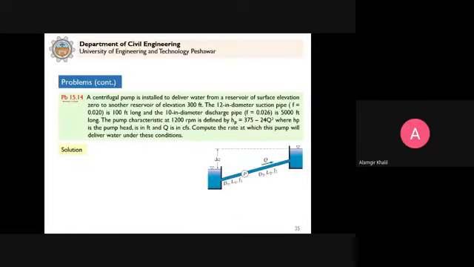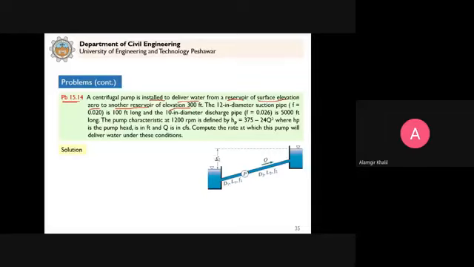Next we have problem 15.14. We have a centrifugal pump that is installed to deliver water from a reservoir of surface elevation 0 to another reservoir of elevation 300 feet. So now delta Z is given, that is 300 feet.